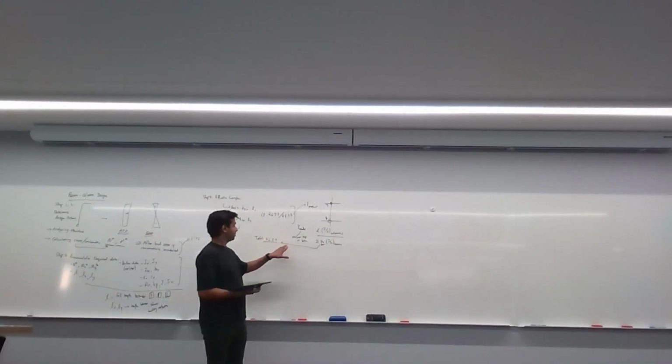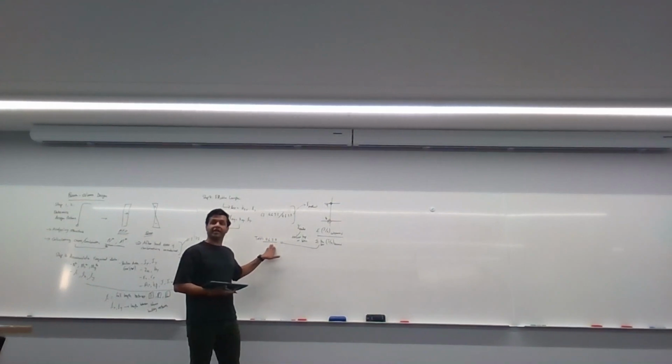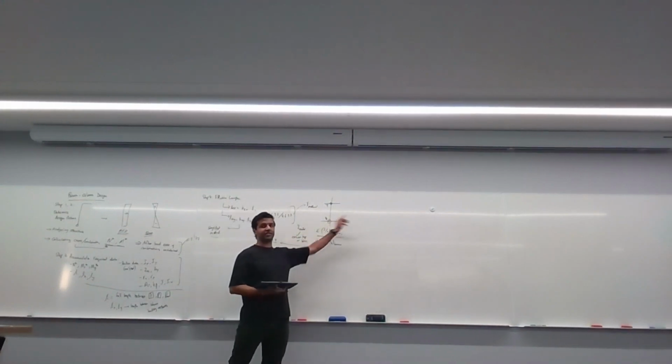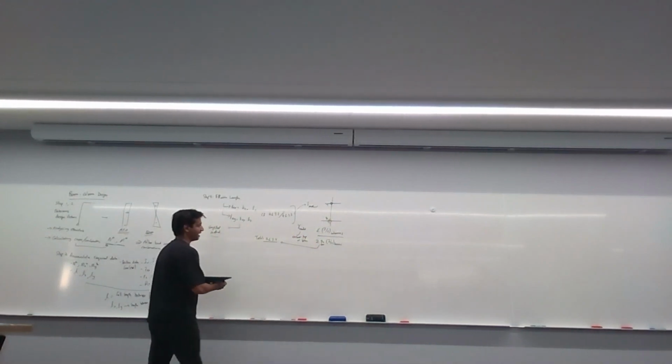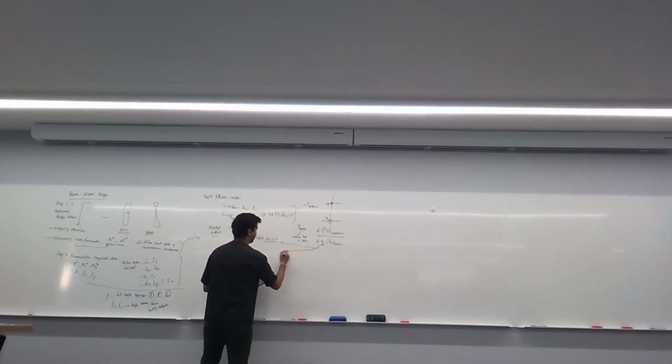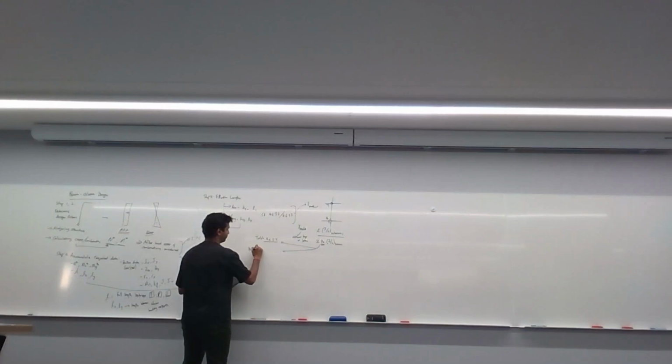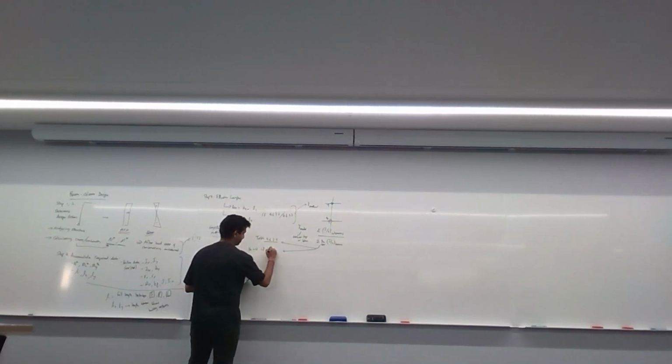If you use table 4634, you will identify what beta E is based on what's happening on the far end. Is it pinned? Is it fixed? Etc. But you also need to remember that beta E equals 0 if the near end of the beam is pinned.